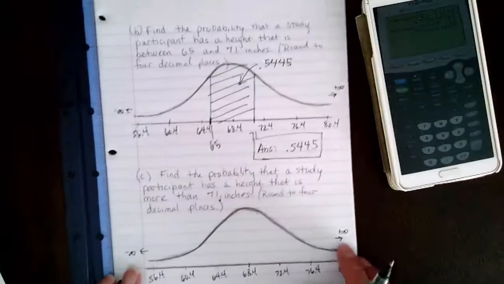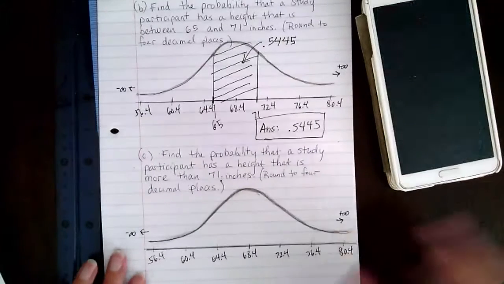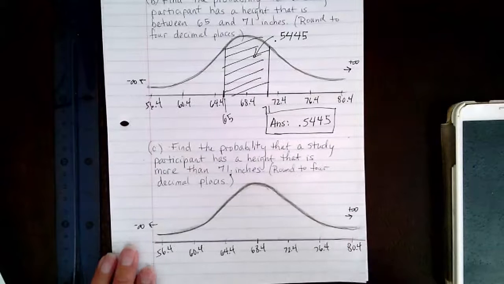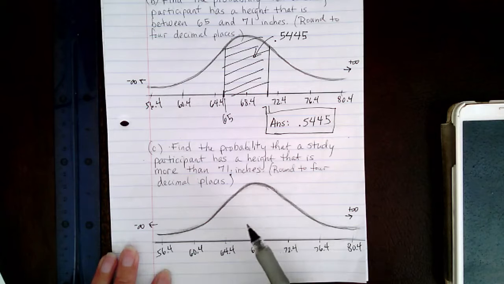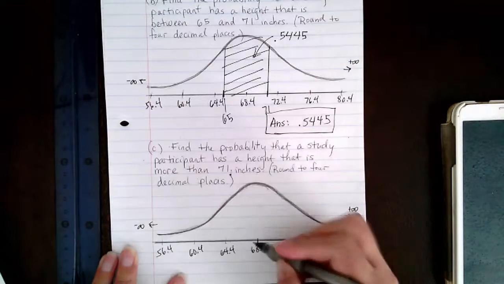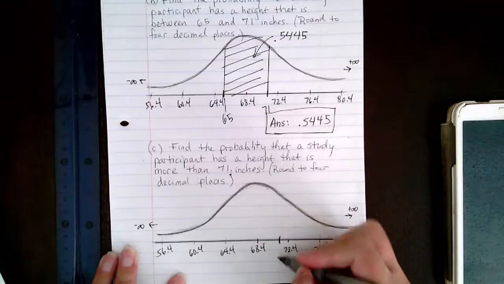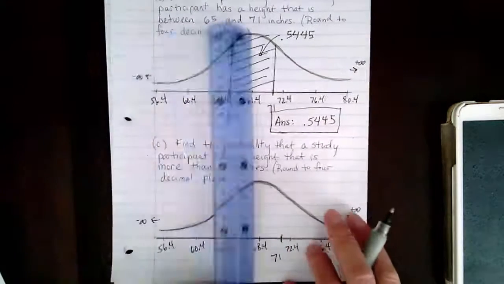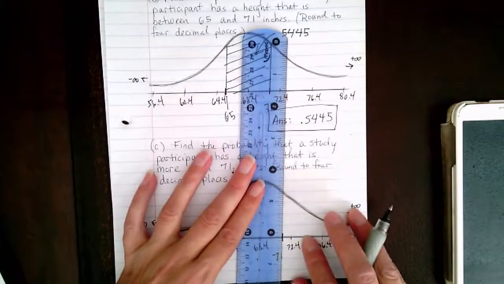Okay, and then the last part of this for finding the area is if we want to find the probability that a height is more than 71 inches. So more than 71 inches, let's say that 71 is about here. And I'm going to go ahead and shade the area that I want to find.